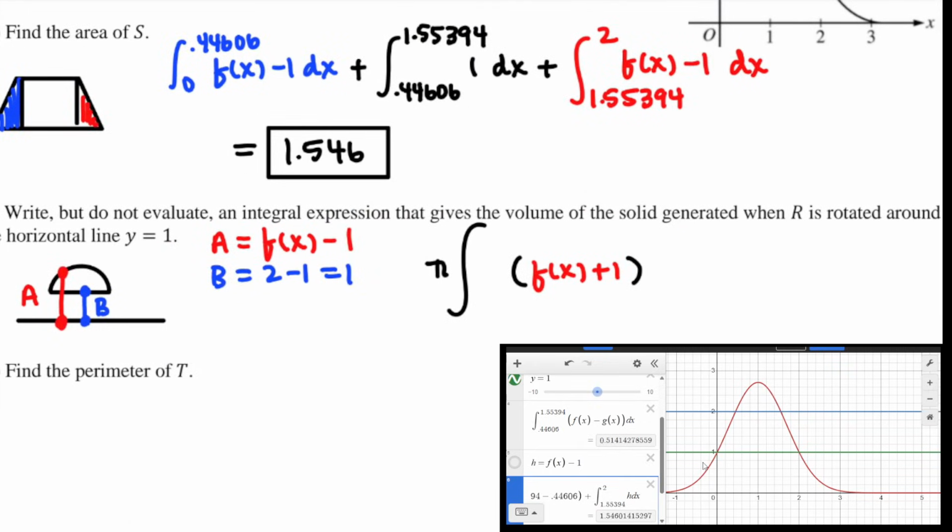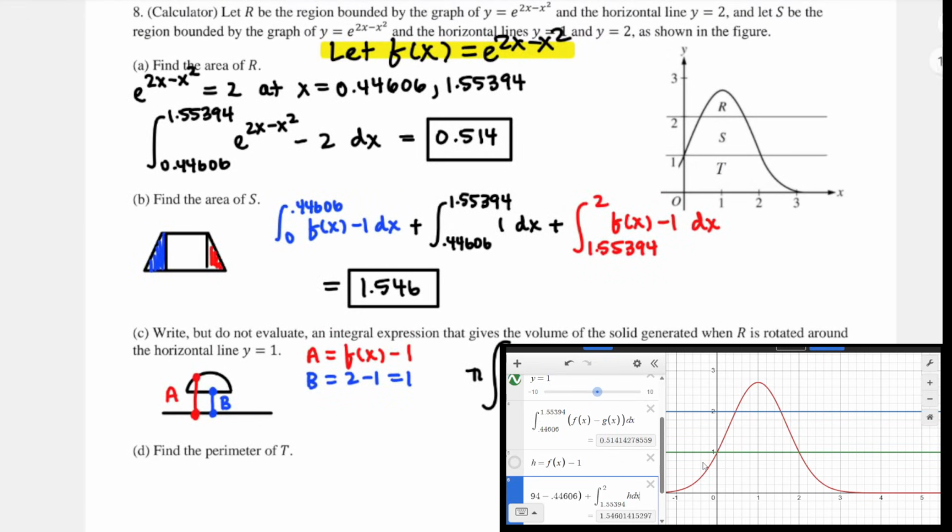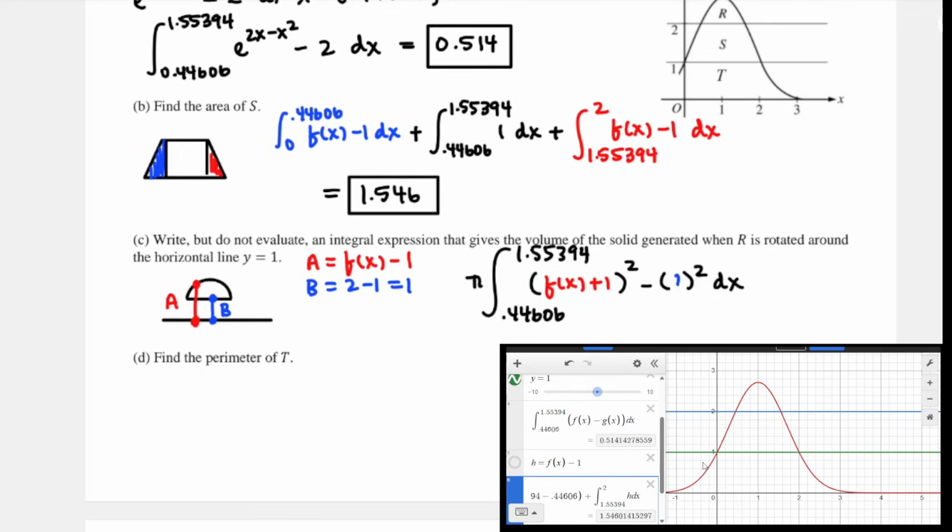A squared minus b squared with respect to x as x goes from 0.44606 up to 1.55394. Okay, and then as far as the perimeter of T, I'm going to draw an exaggerated version of that.